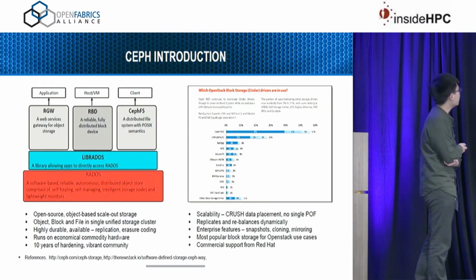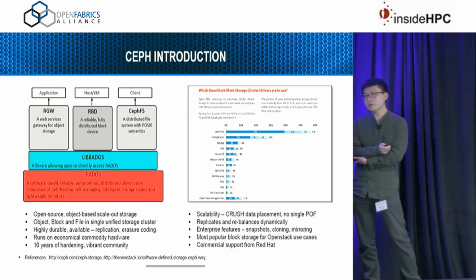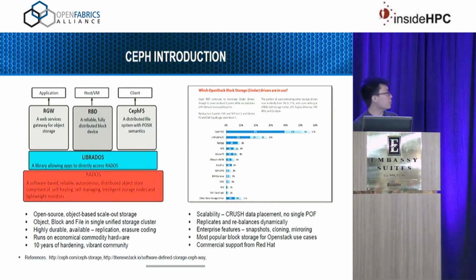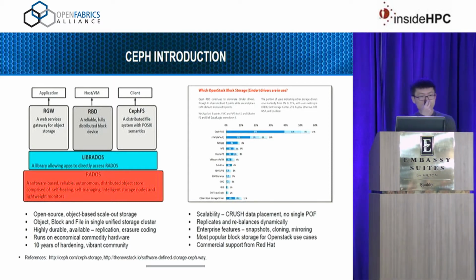The RGW is a web service gateway for object storage that supports the object interface. The RBD is a reliable, fully distributed block device that supports the block interface, and CephFS is for POSIX semantics. All the upper layer interfaces are based on the object storage in Ceph, which can be FileStore or BlueStore. It is an object storage system.